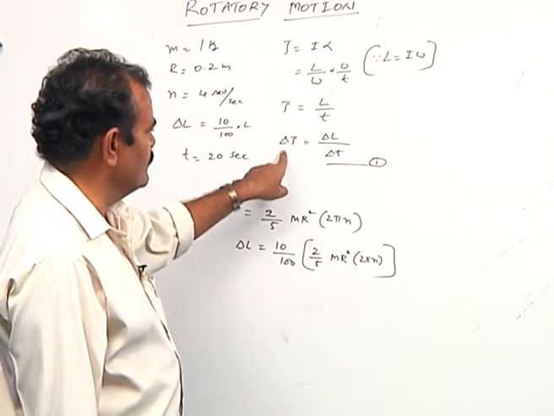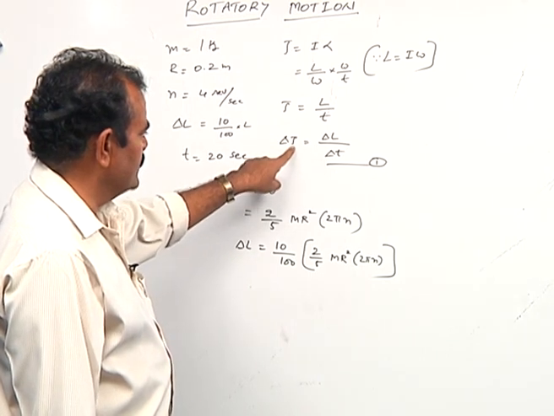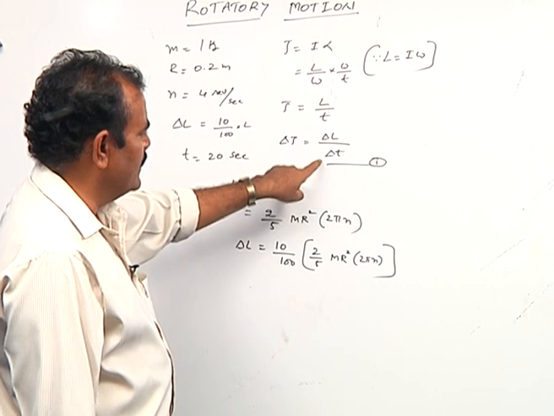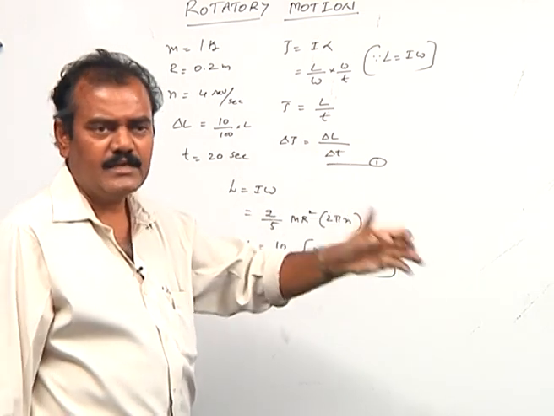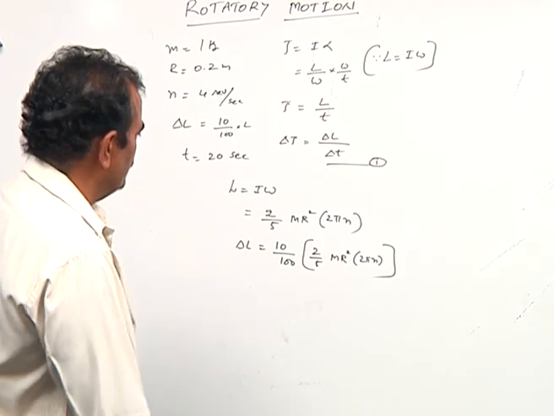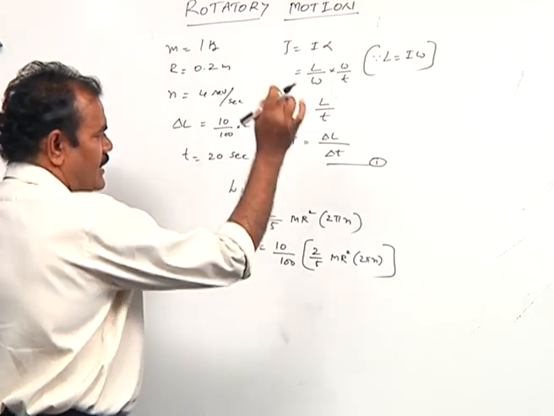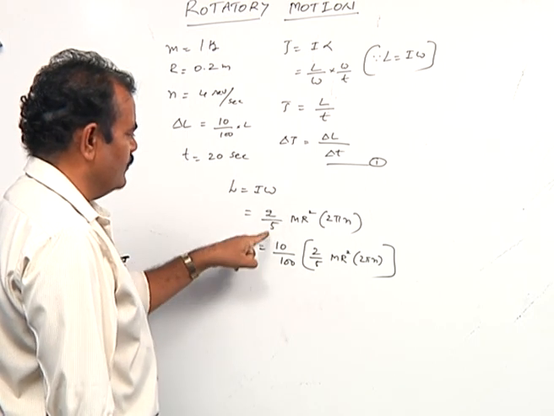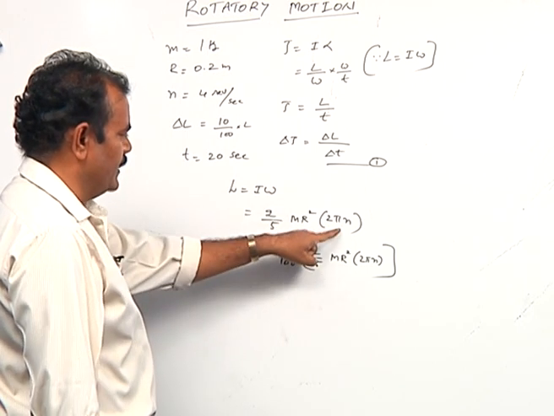Once again, first of all, this is the formula: torque is equal to delta L by delta t. There is no problem regarding delta t, it is given as 20 seconds. The problem is with delta L only, and for that L is equal to I omega, where I is 2 by 5 mr square and omega is 2 pi n.